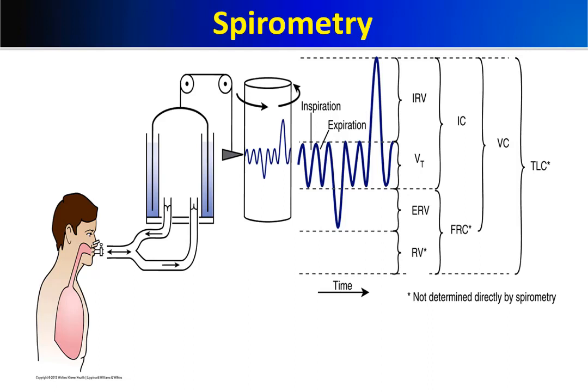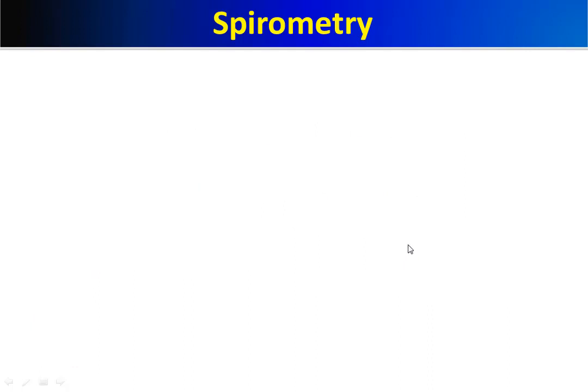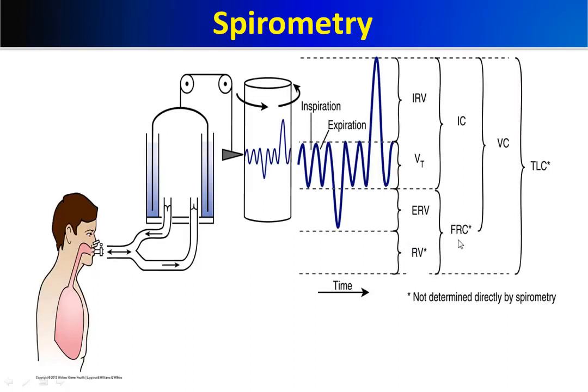We have other lung volumes which are composed of two or more lung volumes. For example, we have a lung volume known as functional residual capacity. The lung volumes which are composed of two or more lung volumes combined together are known as capacities. The functional residual capacity is abbreviated FRC. It is composed of what?